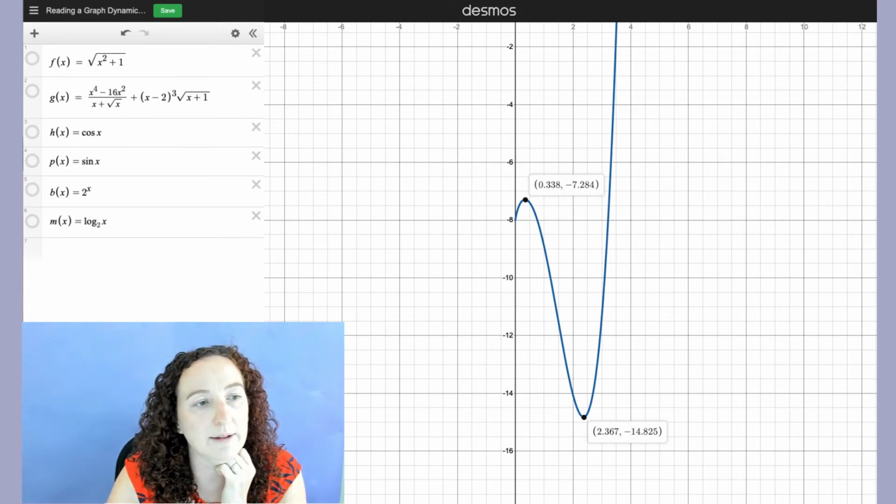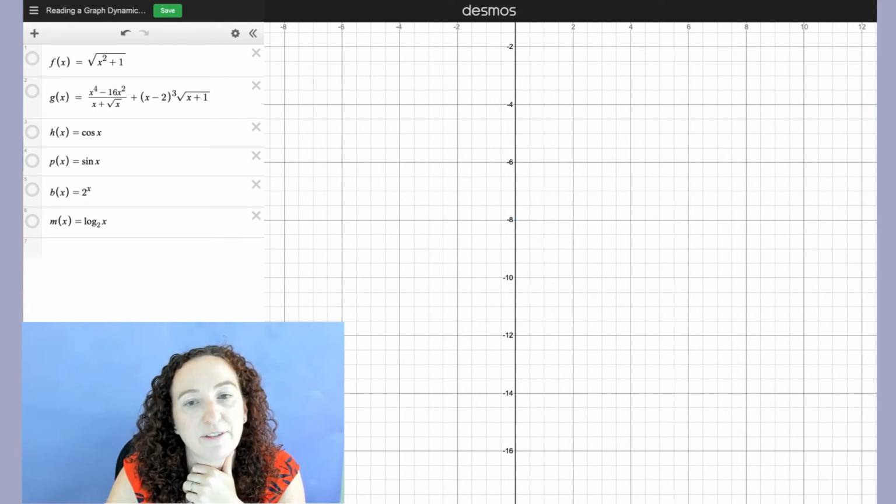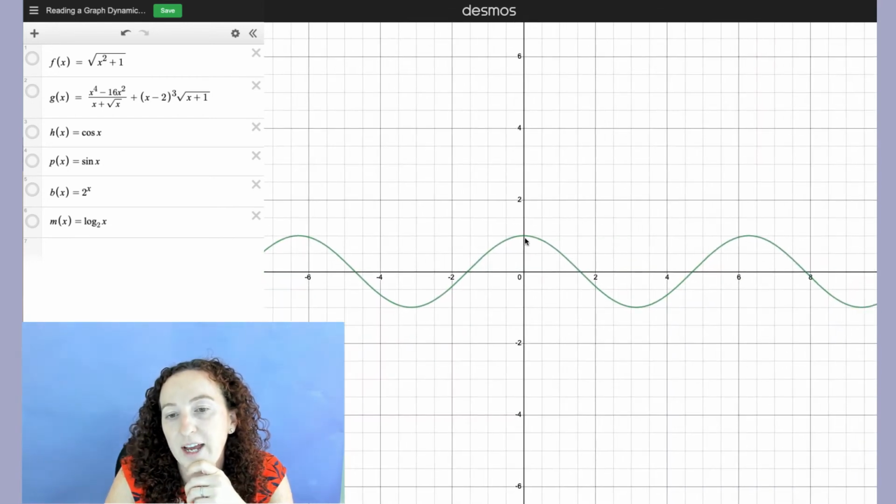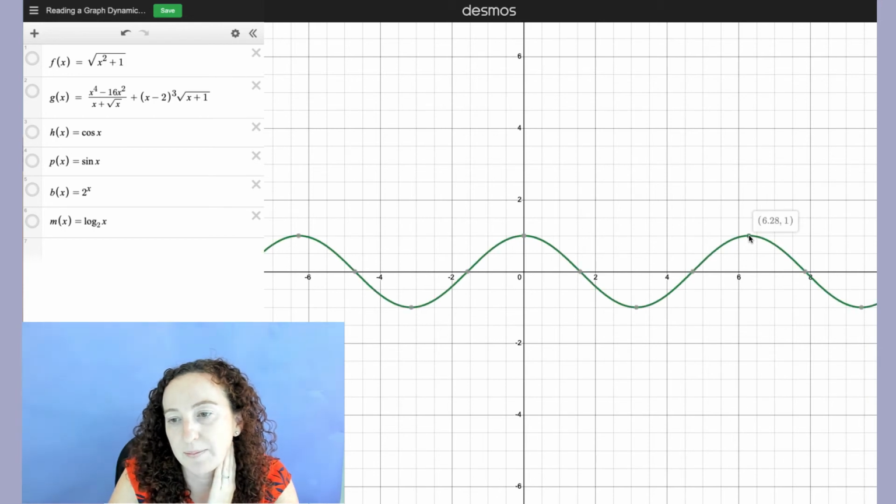All right, let's look at our cosine graph. As I mentioned last week, cosine is periodic. It repeats itself every 2 pi, which is just over 6.28. If we start at x equals 0, we're starting at a local maximum, and then our function starts decreasing. It starts out less steep, becomes more steep.